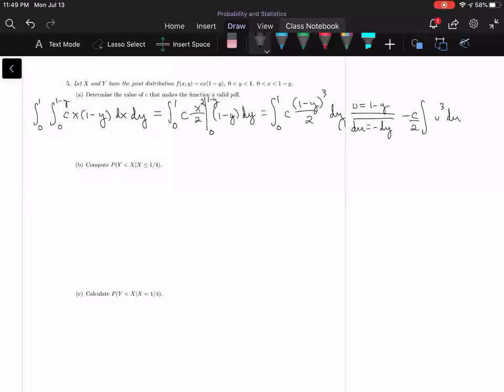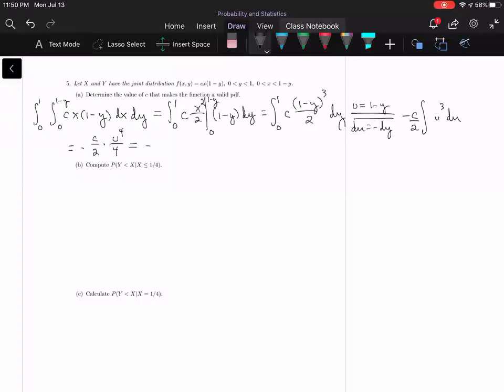I pulled the c over 2 out, but dy is negative du, according to what I wrote underneath the long equal sign. And so that's where all the negatives came from. Then integrating this, we get negative c over 2 times u to the 4th over 4.